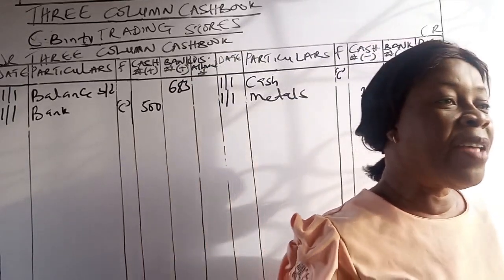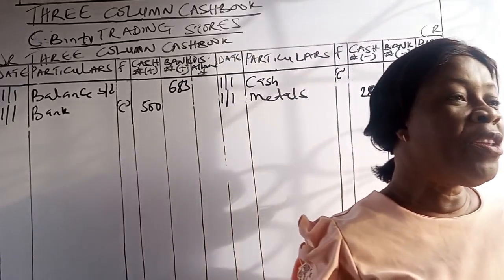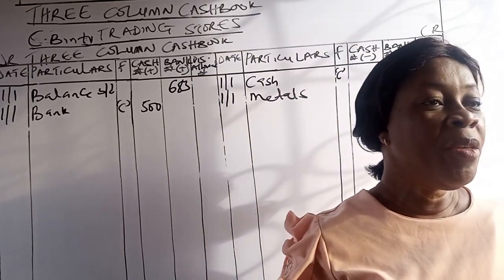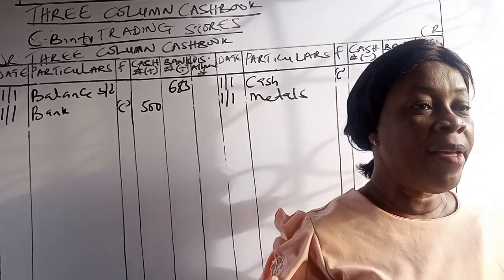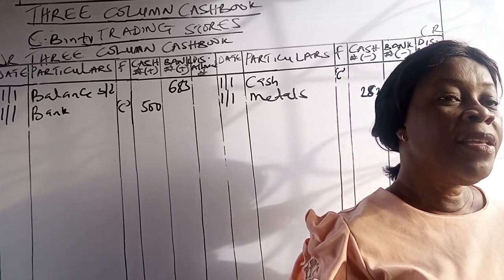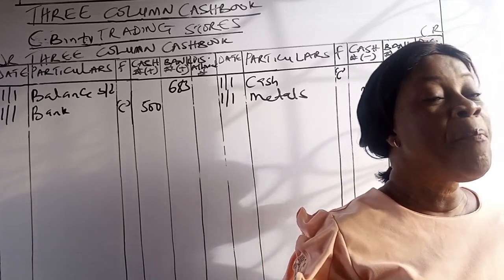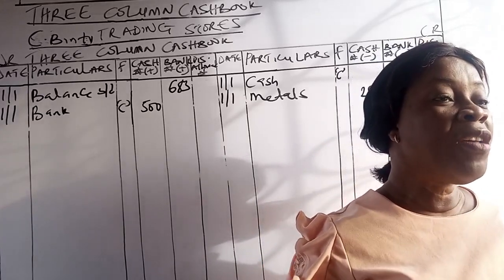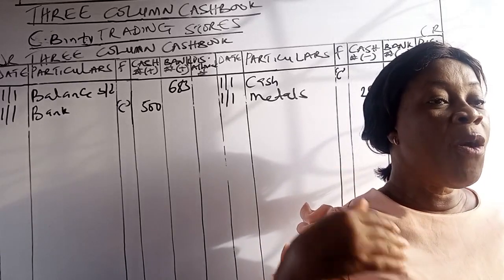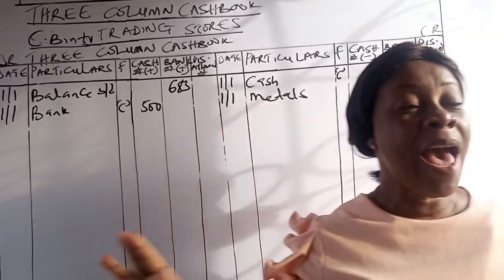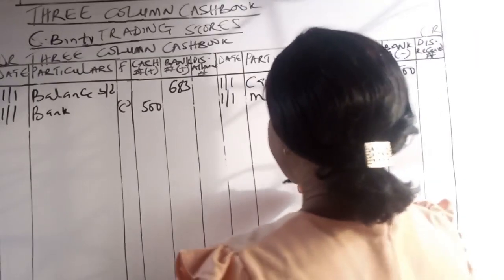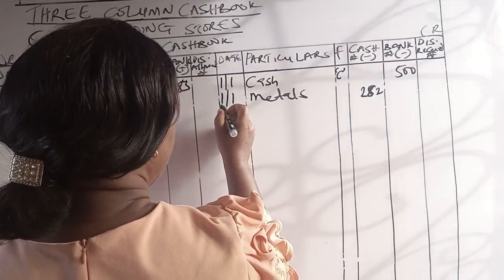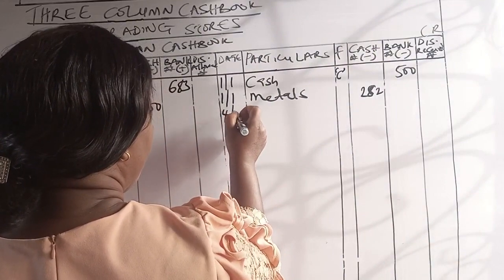The next transaction took place on the 4th of January. Paid B Aluko check of 6,000 naira, meaning that there was decrease in the bank balance because money was moved from the bank to B Aluko. So it will equally be written on the credit side.